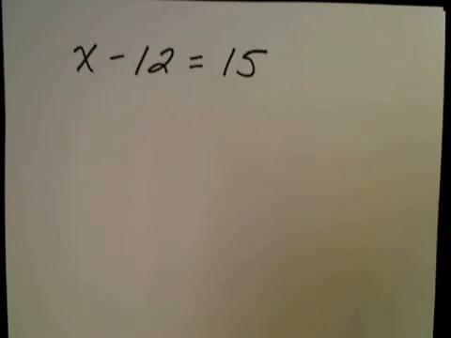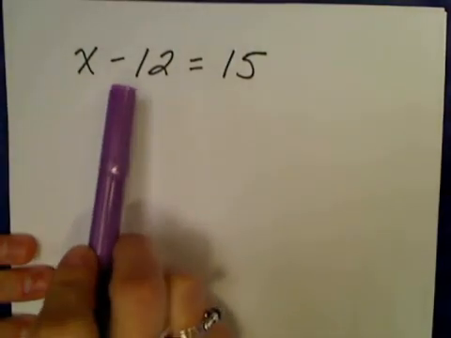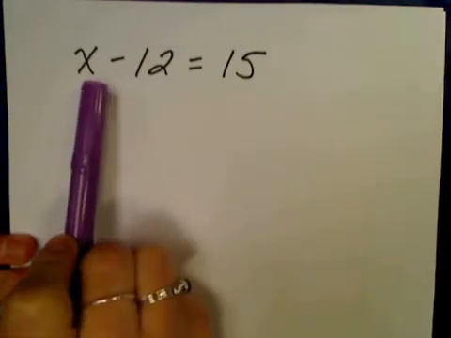unknown canister labeled x. So this is a one-step problem because on the left side with our variable, there's only one operation with it. It's asking you to subtract 12. Now when you are balancing an equation, we want to make sure that we cancel things out. We want to get rid of this minus 12.